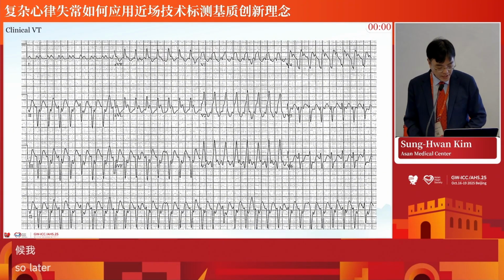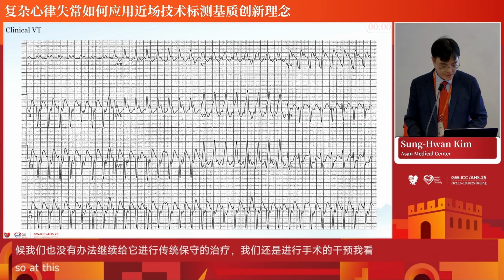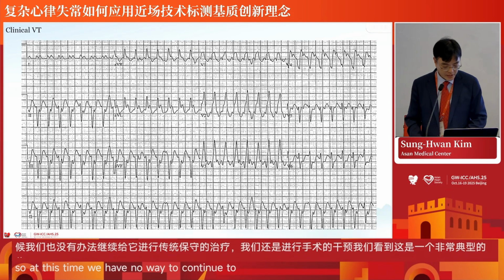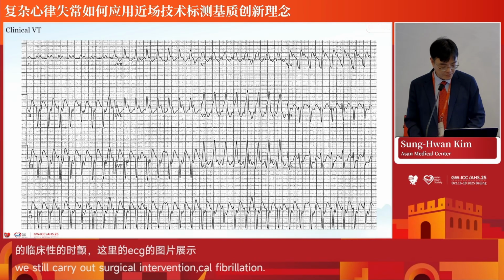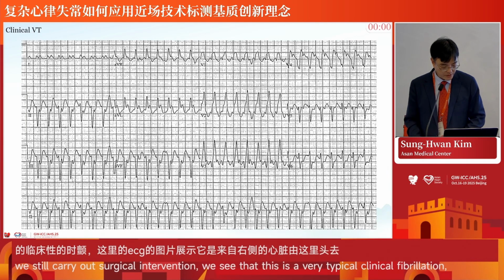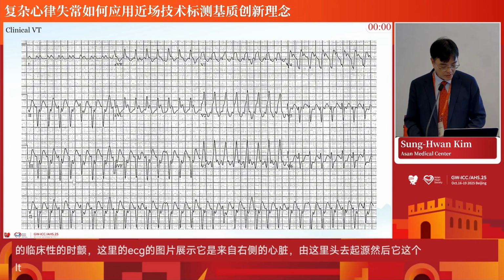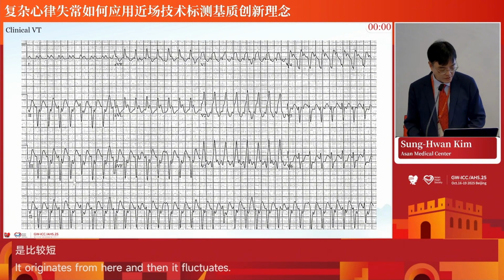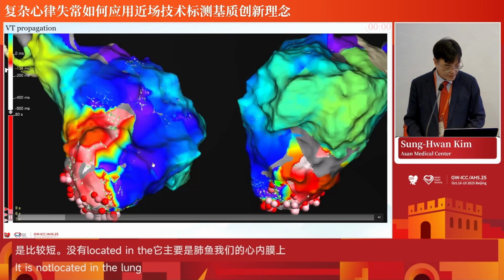We luckily got the clinical VT before the ablation. This ECG clearly shows us that the exit of the VT came from the left side and inferior part of the LV, and the intrinsic deflection is relatively short. It means the exit is located in the endocardium rather than the epicardium. This is the activation map.